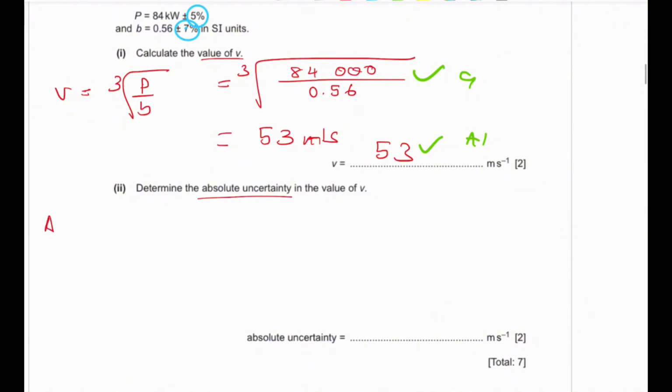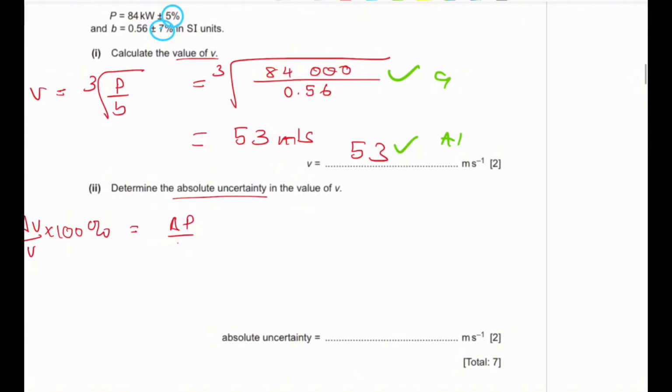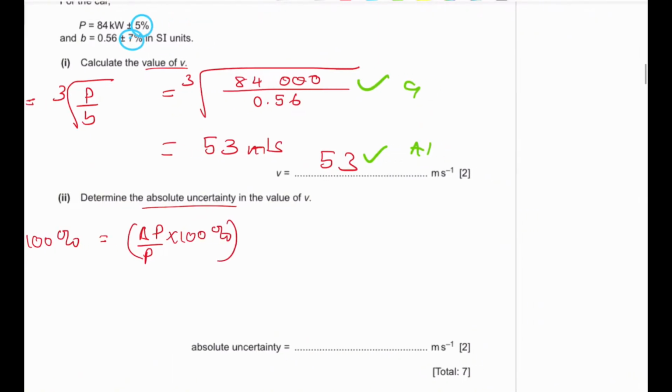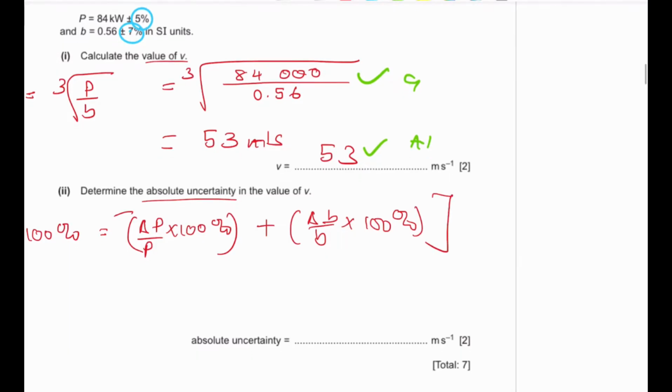Delta v over v times 100% is delta p over p times 100%, so the percentage uncertainty in that, plus delta b over b times 100%. But this is actually times 1 over 3, because remember, it's raised to the power of 1 over 3 since it's the cube root of p over b.